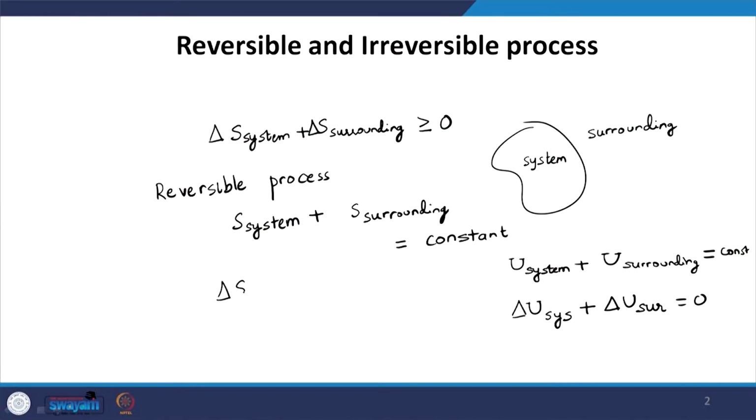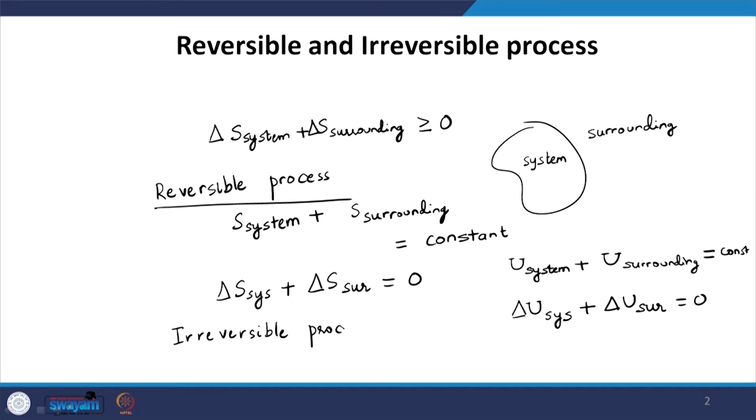So, we talk about changes in the entropy as opposed to the entropy values. So, what we mean to say is that the delta S of the system plus the delta S of surrounding is equal to 0 only if the process is reversible. If you have an irreversible process, which is more common in the universe, what we will have is delta S of system plus delta S of surrounding is higher than 0.